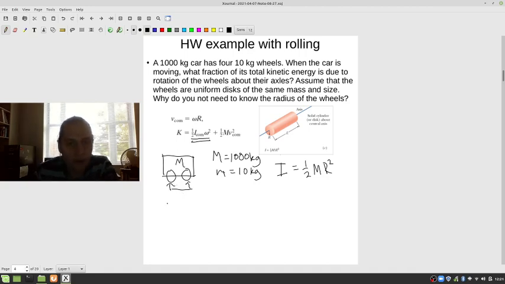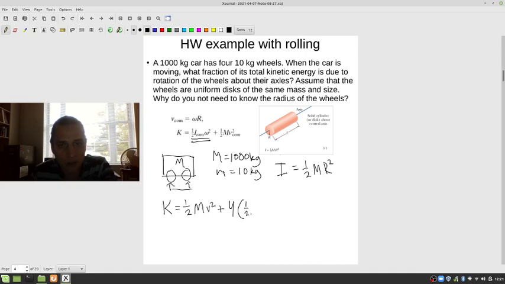So if I wanted to write the total kinetic energy, what would it be? It would be 1/2 mv squared. That would be the kinetic energy of the car part, plus 4 times the kinetic energy of the wheels. And so what would the kinetic energy of the wheels be?